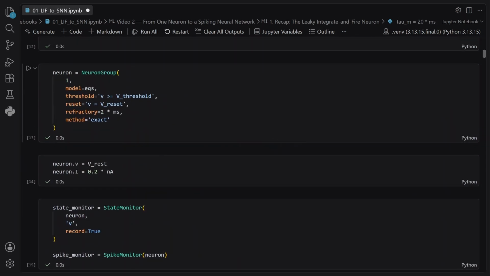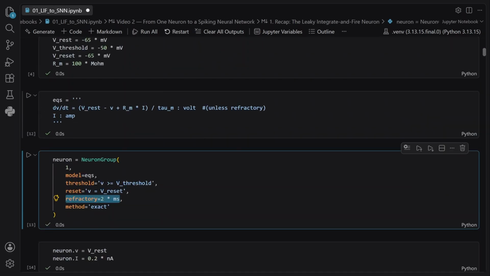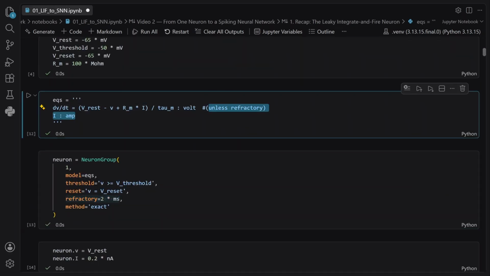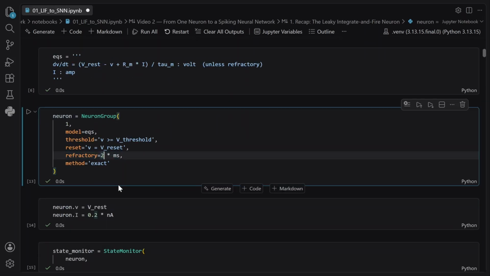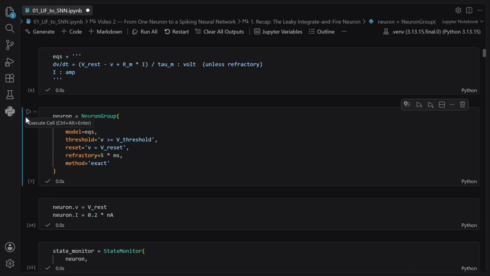We defined a refractory period here, and there was another term in our model, unless refractory. I have commented this out, so I remove the comments. Now we have our model with this term here. Let's increase that to say 5 milliseconds. That is the amount of time the neuron needs to recover.